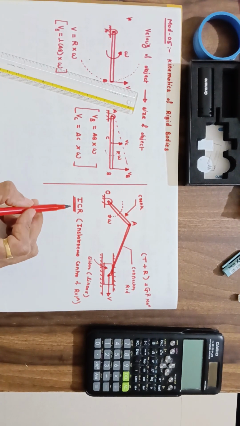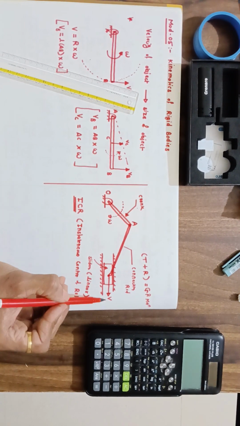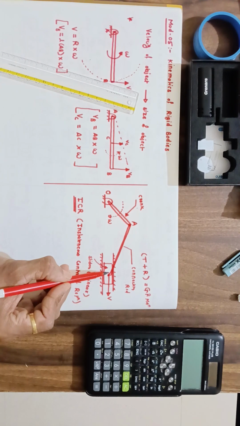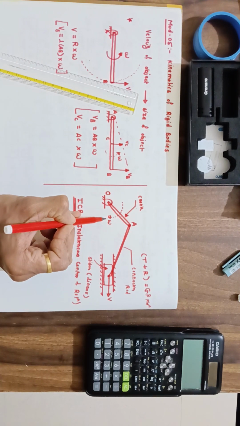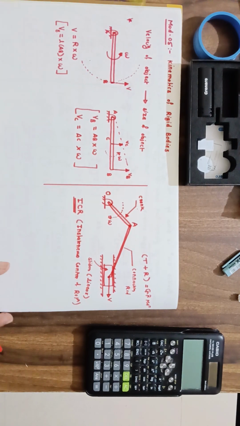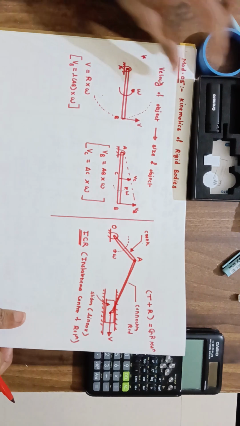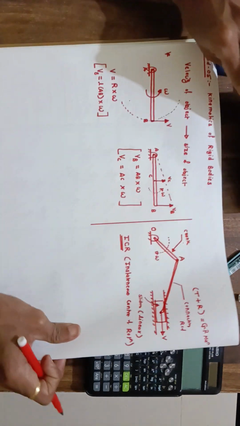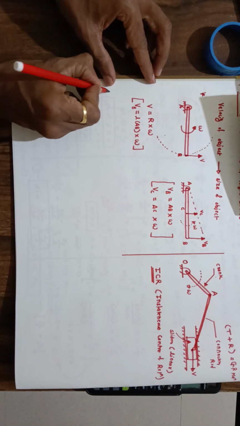Okay, so by using this method we can find the velocity v of the slider if the angular velocity omega for the crank is given. Okay, so let us discuss all three types of motion in detail. The first motion is a pure rotation.